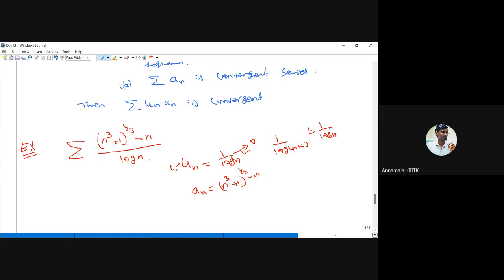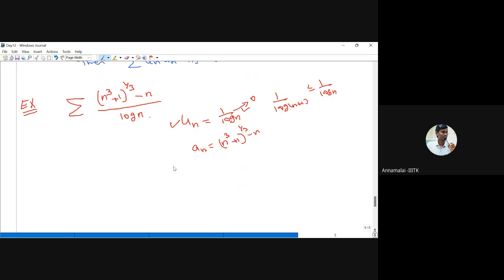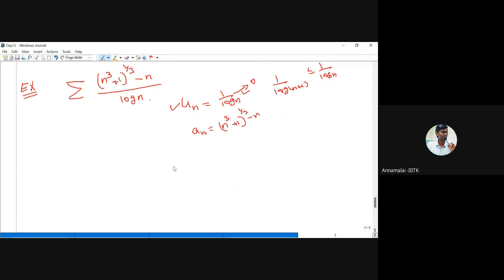Now look at the condition we have to check: whether this series converges or not, the summation, or otherwise you can take the partial sum. First you have to simplify this a_n. You can take something outside if possible. So a_n equals (n cube plus 1) power 1 by 3 minus n.